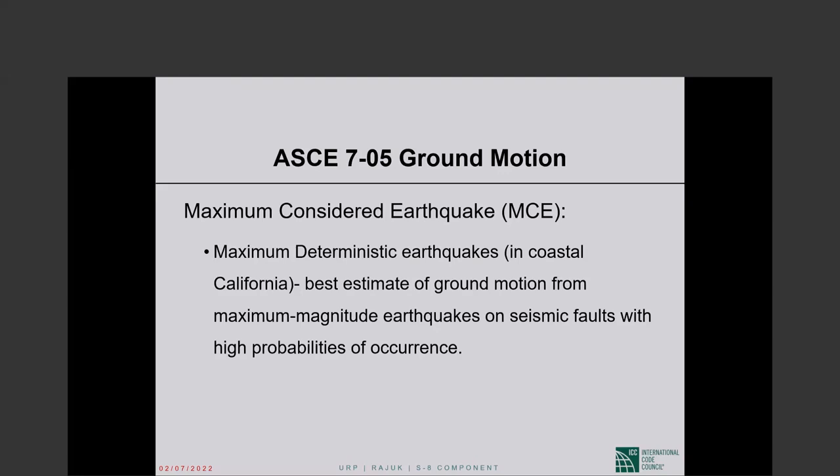And that being the case, some of the best of them together decided that the maximum considered earthquake ground motion for coastal California shall be the ground motion from maximum magnitude earthquakes on seismic faults with high probabilities of occurrence.